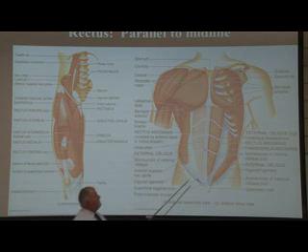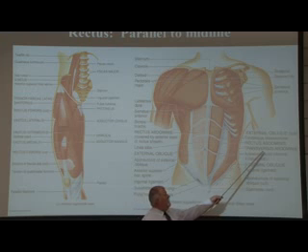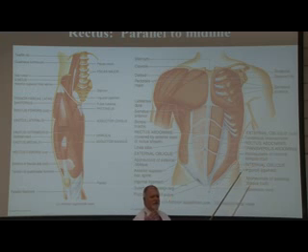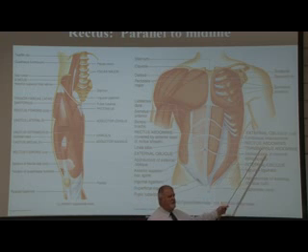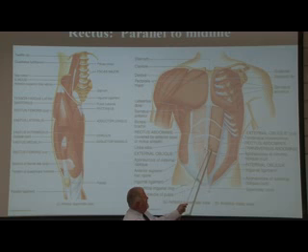So for example, the muscle that's the most anterior on our abdomen, fibers run perfectly parallel to the midline. So it's a rectus muscle. And then the second part of the name is a location, telling you exactly where it's located on the body. So rectus abdominis tells us that the fiber is going to run parallel to the midline, and it's in the abdominal region. So it's a paired muscle on either side of the midline.